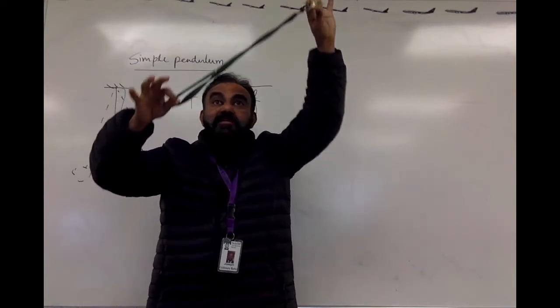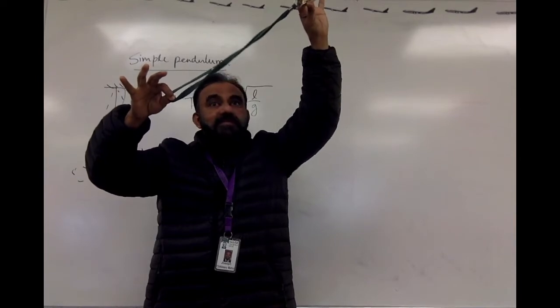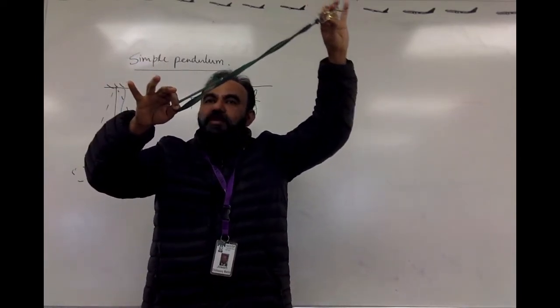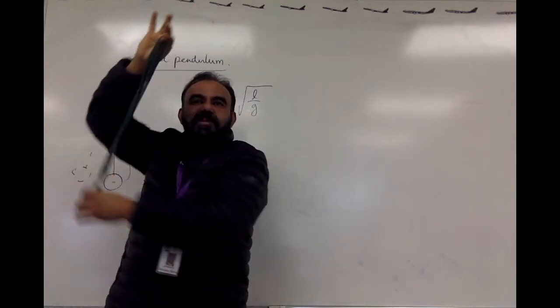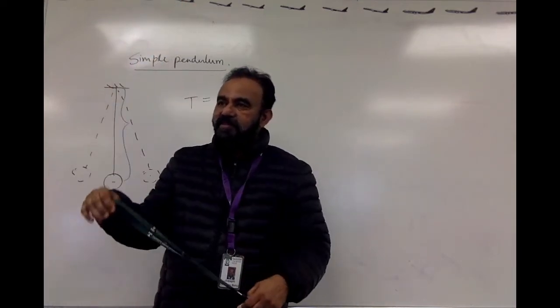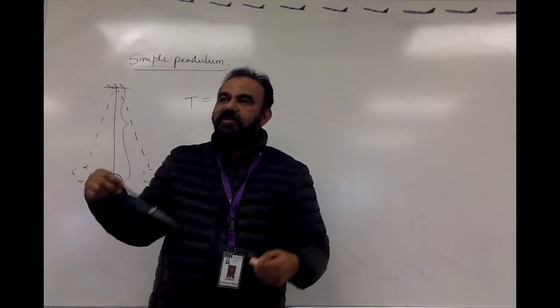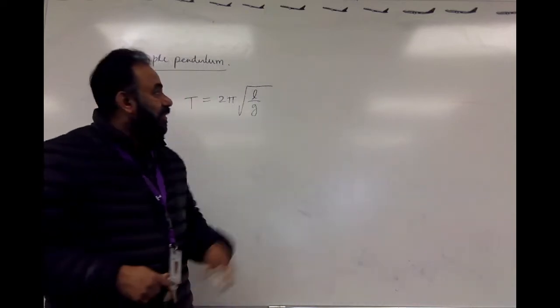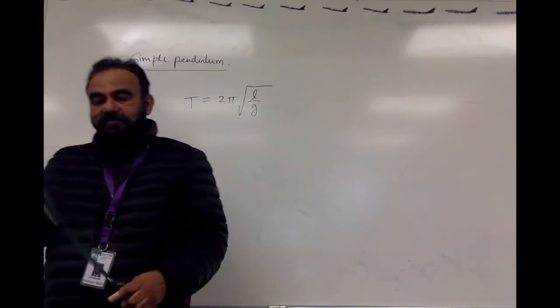It won't even move. It's not going to come down. Which means how long will it take to complete one oscillation? Infinite time. Make sense? That means it'll take forever.